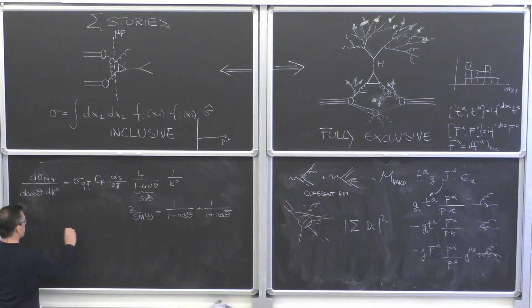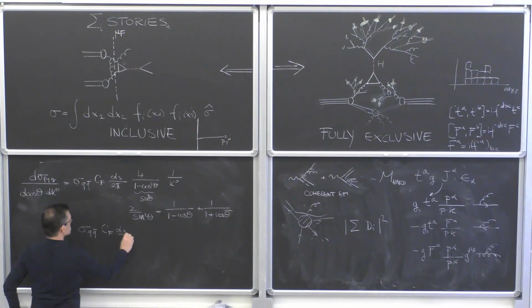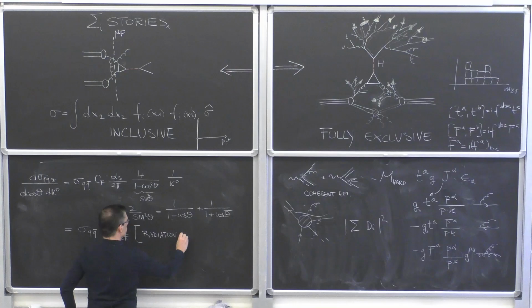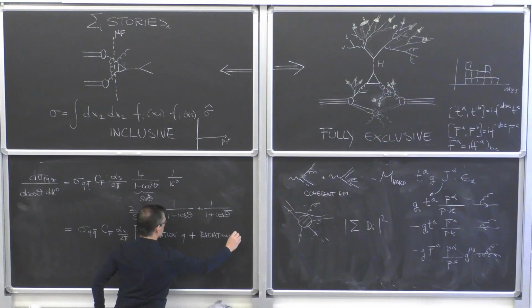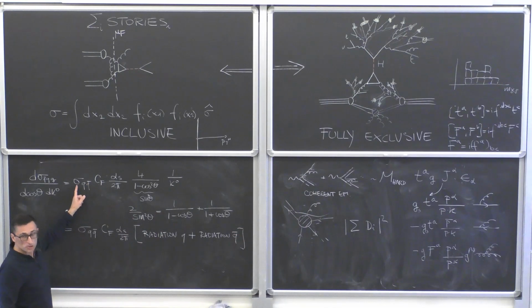So now I have one piece, which is the Born, C_F alpha_S over 2 pi, times radiation from the quark plus radiation from the antiquark, at the amplitude level and the cross-section level.